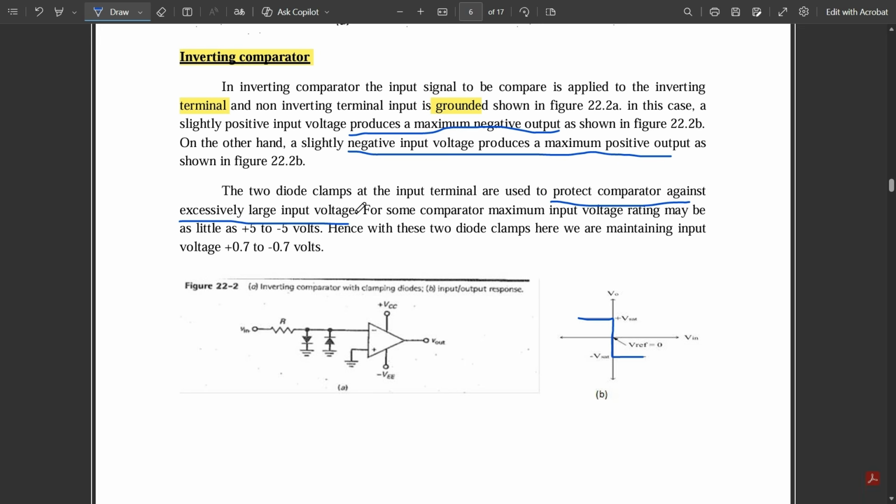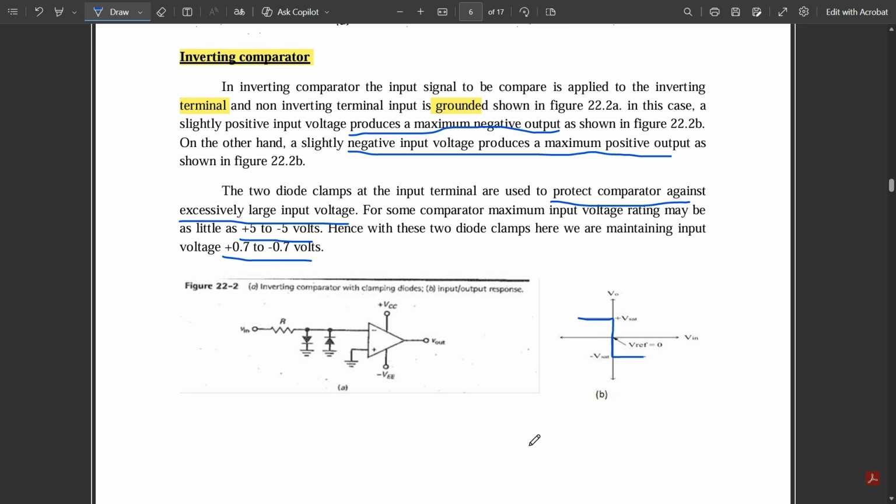For some comparators, the maximum input voltage rating may be as little as plus 5 to minus 5 volts. This is the maximum input voltage rating for some of the initial comparators. Hence, with these two diode clamps, we are maintaining input voltage up to plus 0.7 to minus 0.7 volt, so the voltage would be reduced from 5 to 0.7.